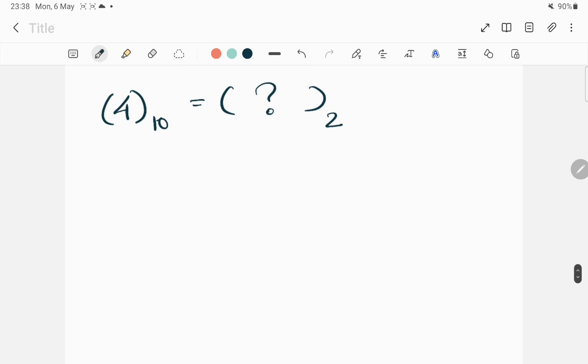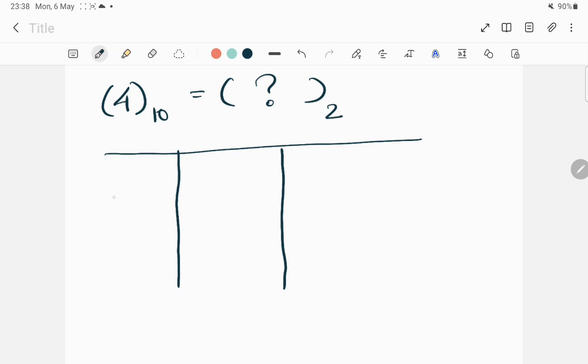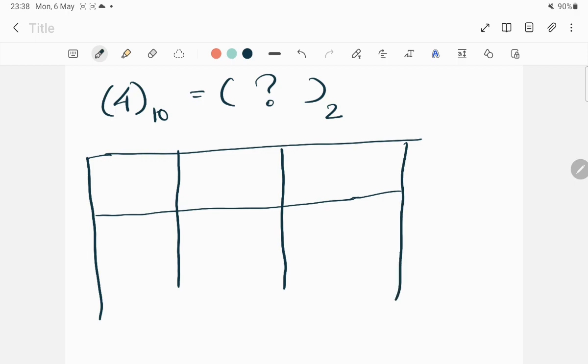So how to do that? It's a very simple process. For this we will draw a table. In the first column we will write n, where n is equal to 4.